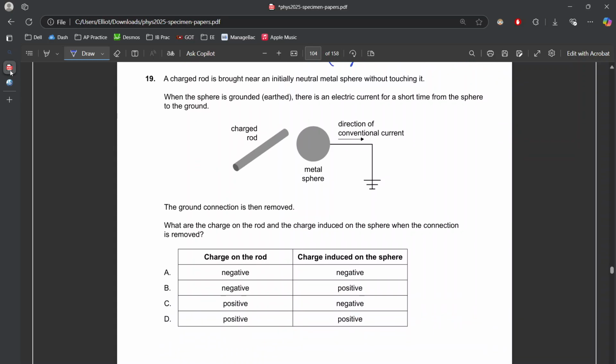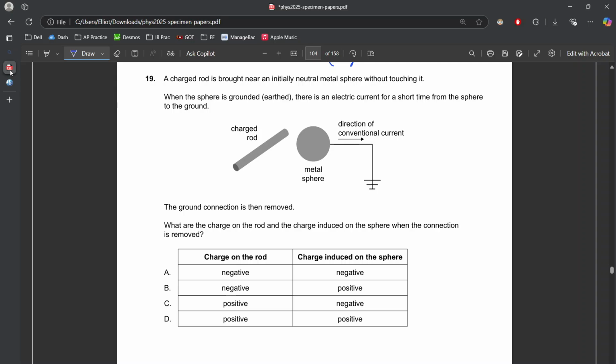Okay. A charged rod is brought near an initially neutral metal sphere without touching it. When the sphere is grounded, earthed, there's an electric current for a short time from the sphere to the ground. What if the ground connection is then removed? Man, I don't remember. Okay, so let's see.